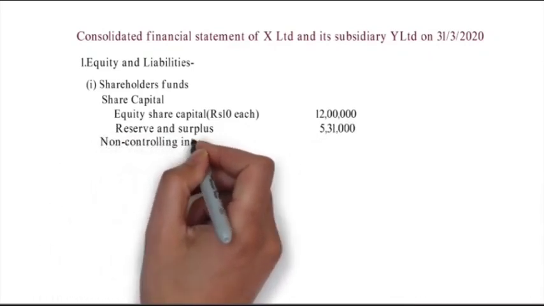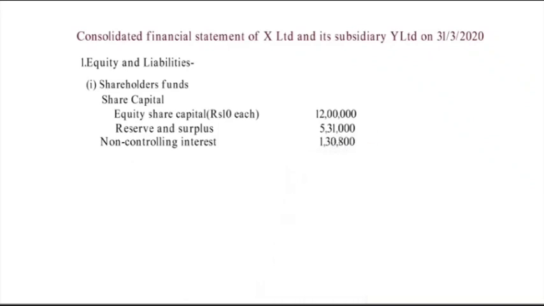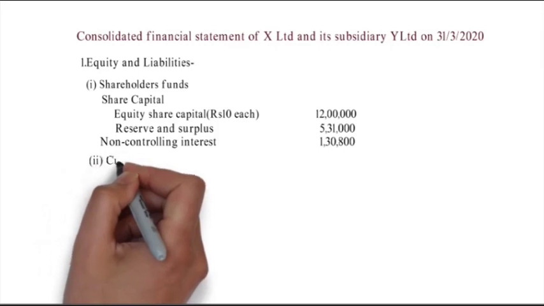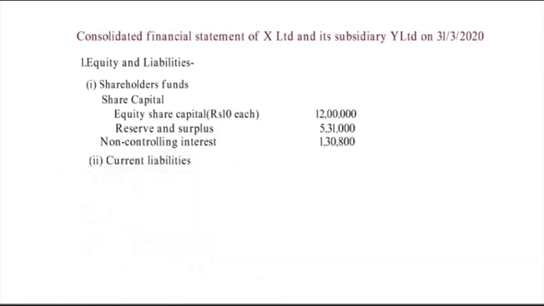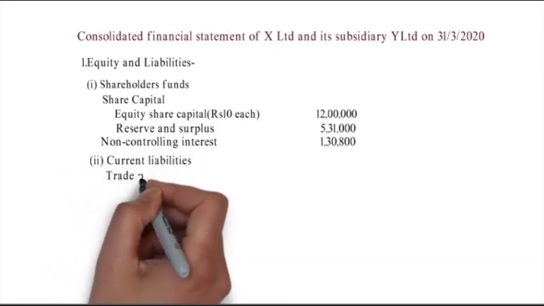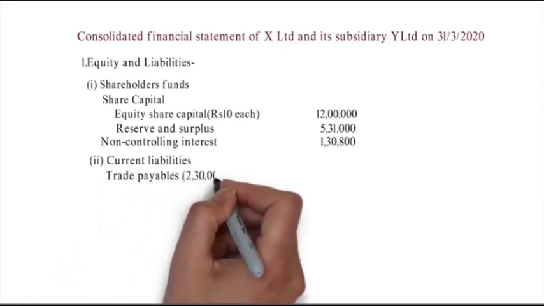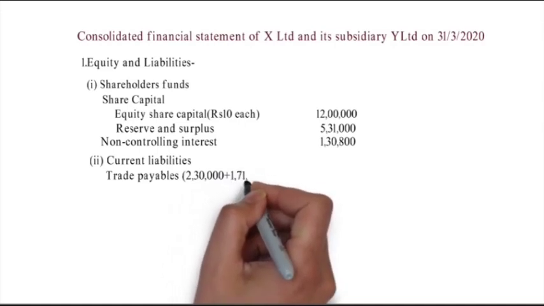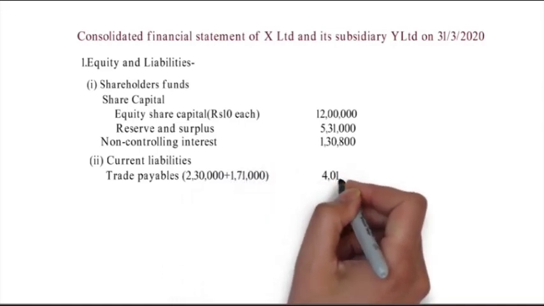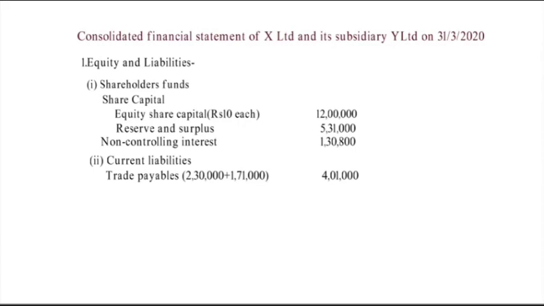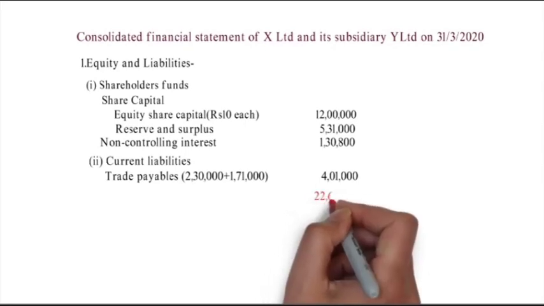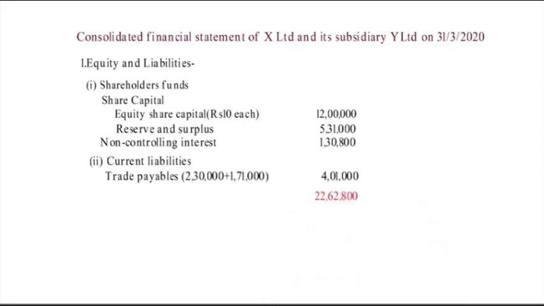Then non-controlling interest 1,30,800. Current liabilities, trade payable, we add trade payable of X Limited and Y Limited, 2,30,000 plus 1,71,000, that comes to 4,00,000. Total of equity and liabilities 22,62,800.